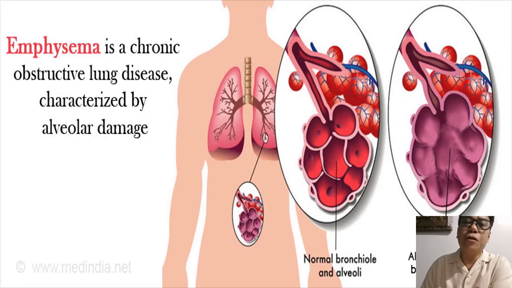Okay? So if we have produced a lot of elastase, the anti-elastase are going to have a hard time bringing the alveoli back to its normal structure. Okay. With that, the elasticity and the recoil power of the alveoli start to diminish.